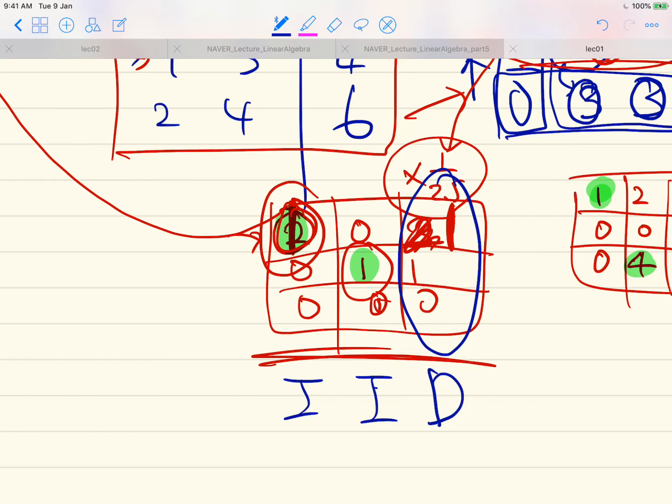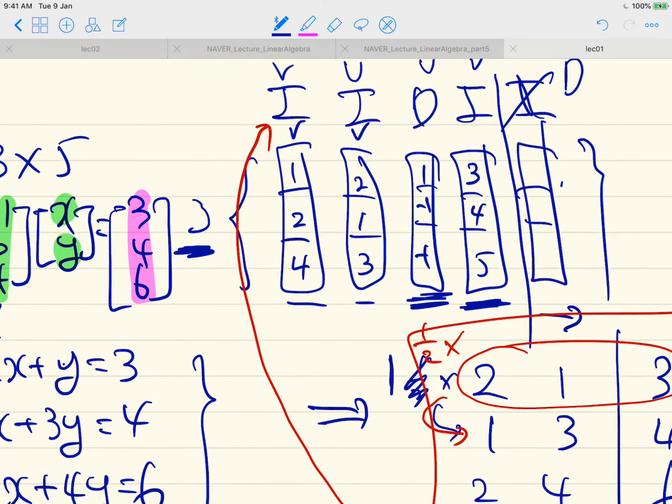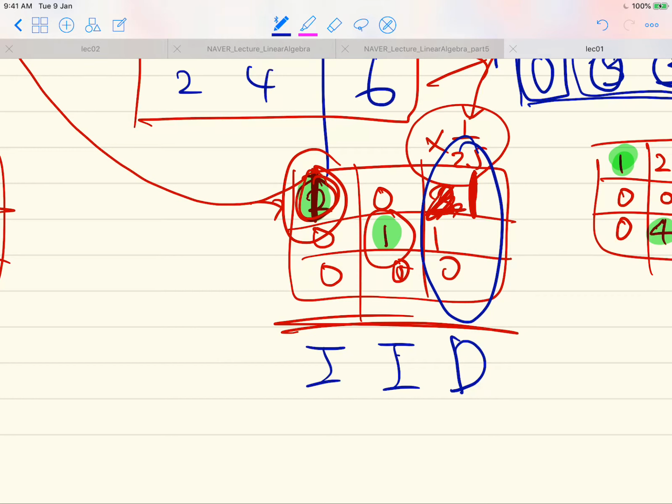If the last column, which corresponds to 3, 4, 6, is represented as a linear combination of the previous two, then the last column doesn't increase the span, and that's when we can find the solution.